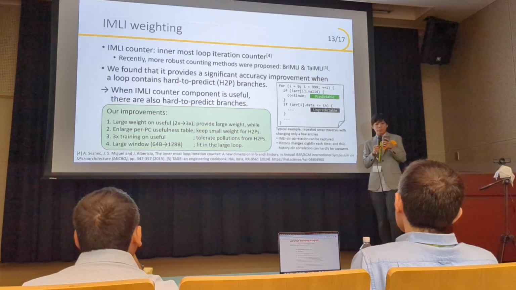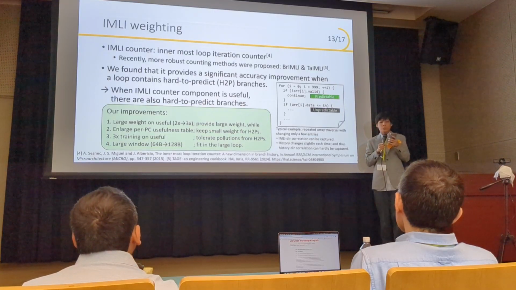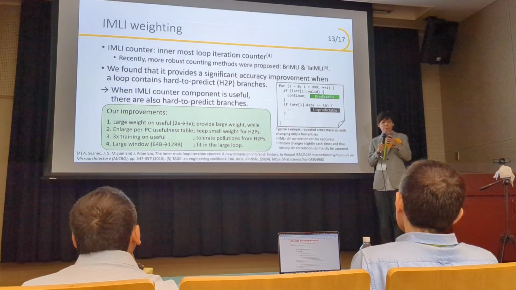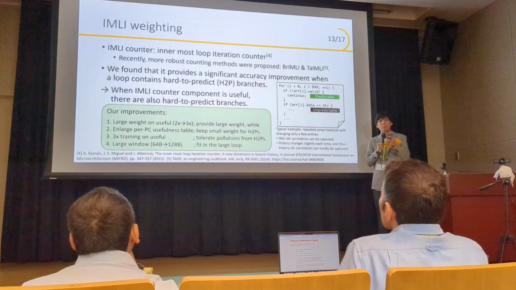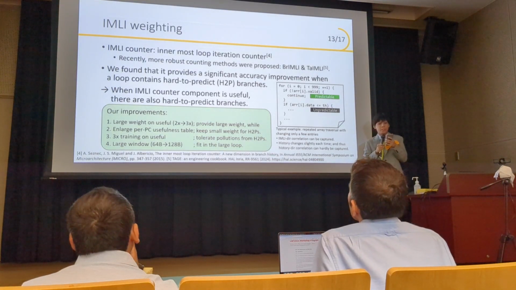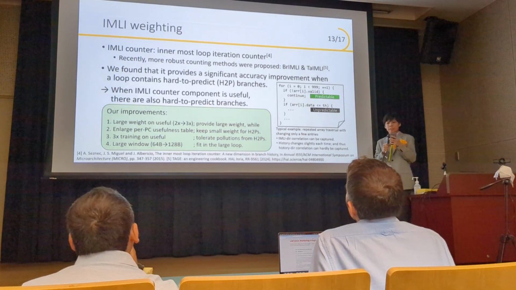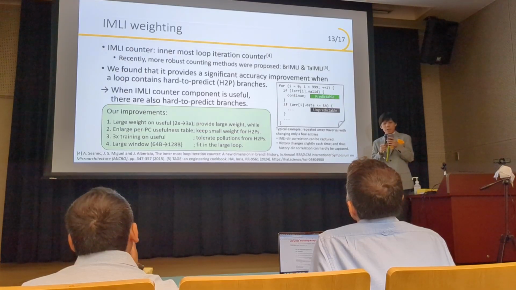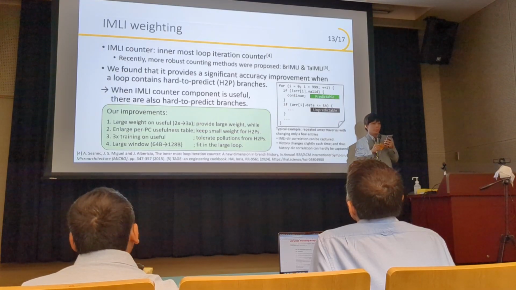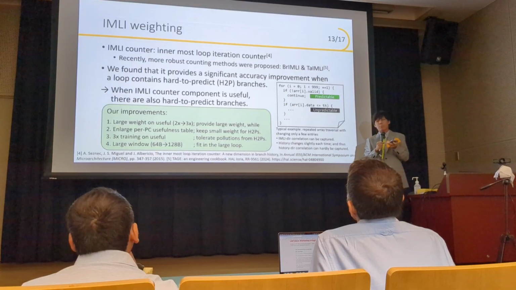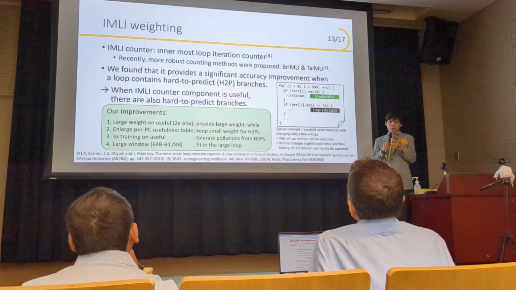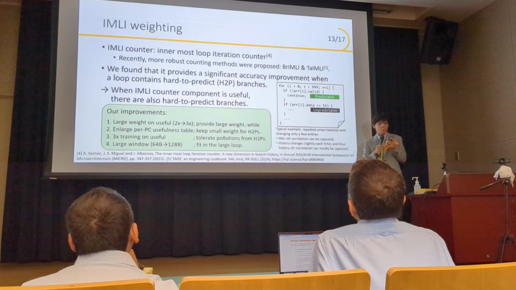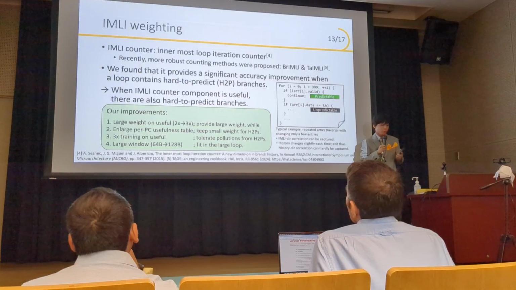So based on these facts, the following changes can be made to improve performance. First, we raise the useful multiplier from 2 to 3. Second, we enlarge its partial usefulness table. Third, we triple the training rate for useful branches. We also widen the counting window from 64 bytes to 128 bytes for large loops.